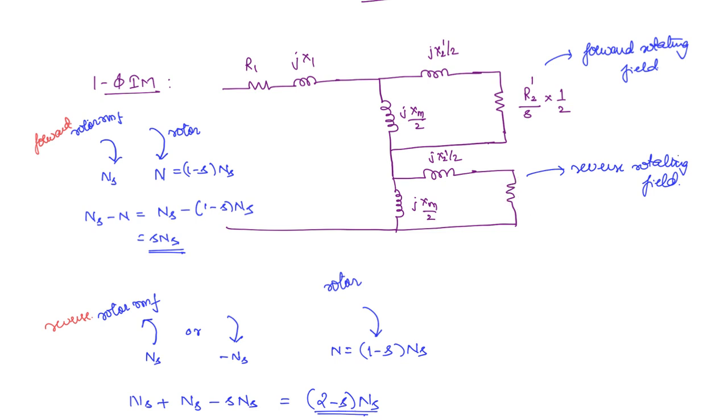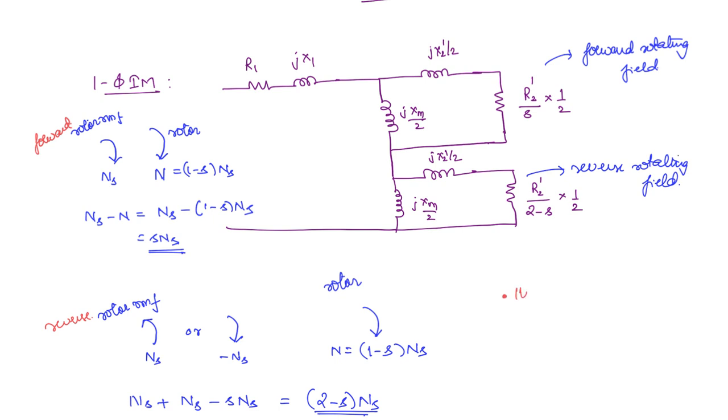So that is why this resistance we are going to get R2 dash by 2 minus s into 1 by 2. So this is the final equivalent circuit of the single phase induction motor. You have to remember one very important point here. We are not considering the auxiliary field winding here. We are talking only about the main field winding.